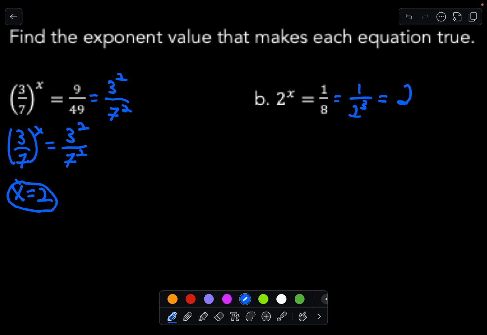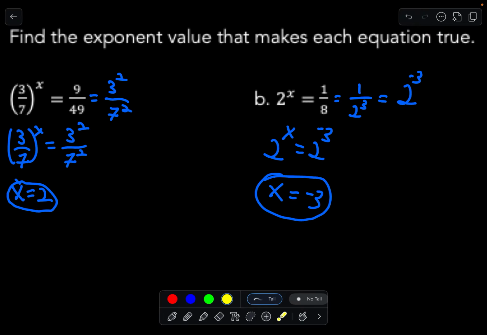And this becomes 2 to the negative 3 because I moved it upstairs. Now you have this, 2 to the x equals 2 to the negative 3. Obviously, x must equal negative 3 because the bases are the same. They both have 2. So we just equate the exponents.